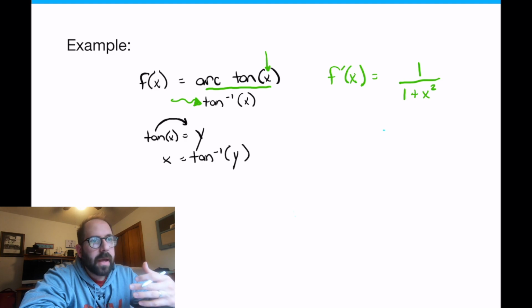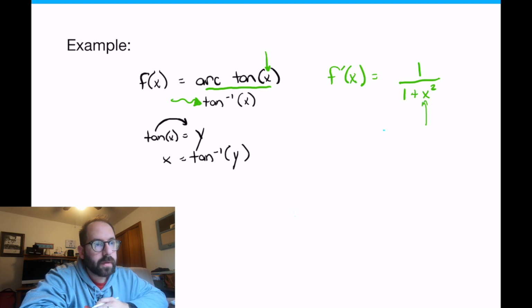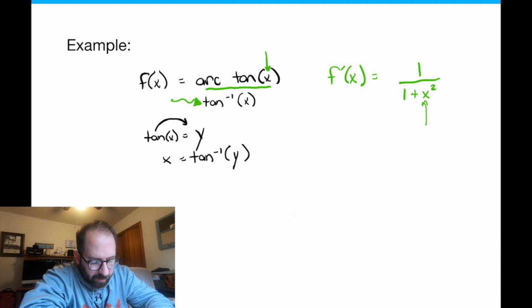It could be some polynomial. That's going to be printed right here, and you're going to put a power of 2 on it. And then obviously this is still a chain rule, so we would still take it times the derivative of the inside. In my case, I'm still multiplying by a 1 because I have to take the derivative of the inside of that parenthesis.